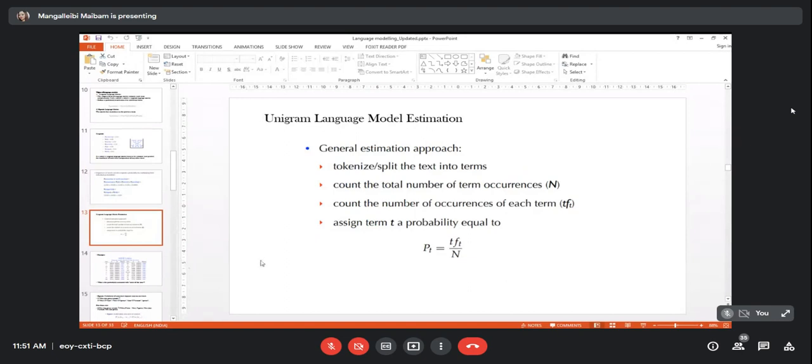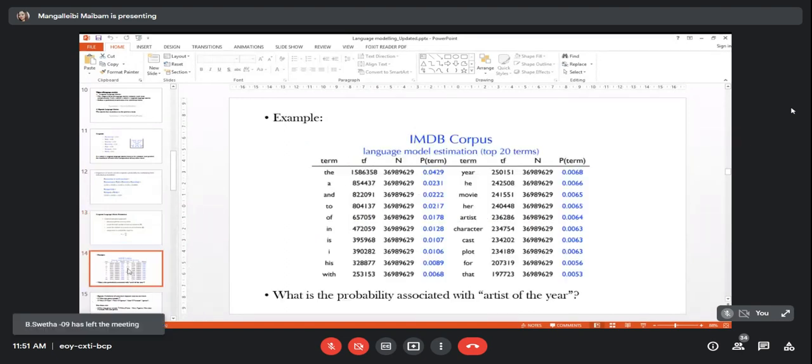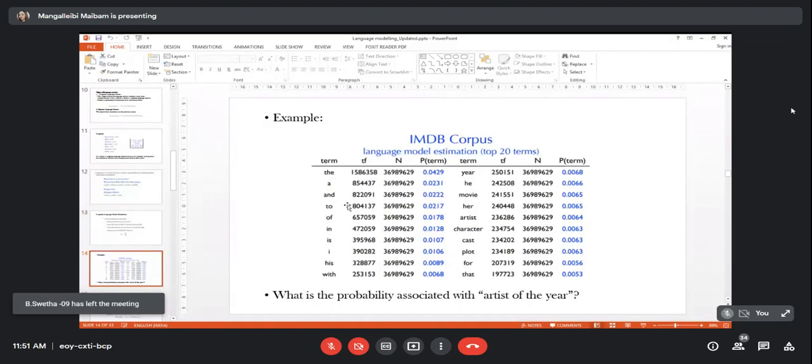Now, this is for some larger database, for a larger collection of terms. For a larger collection of terms also, instead of counting the whole thing from the collection, they have given the term frequency along with the number of terms in the collection.